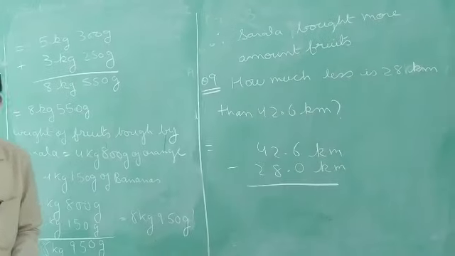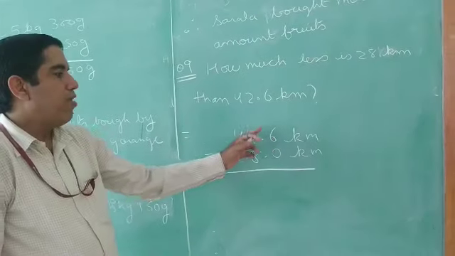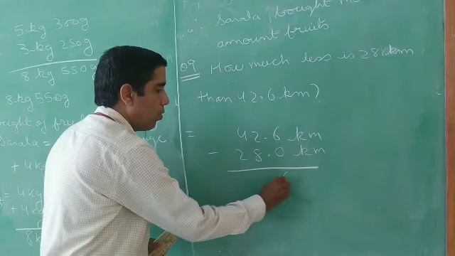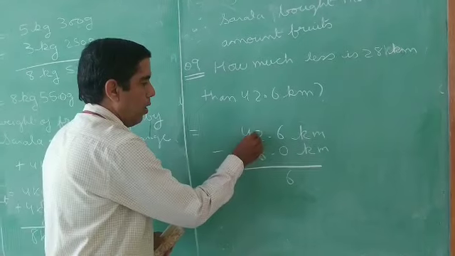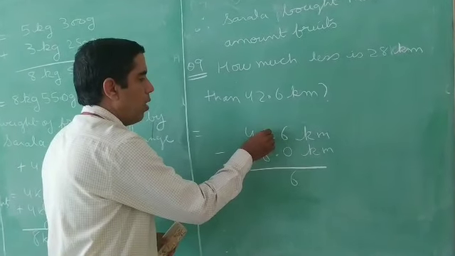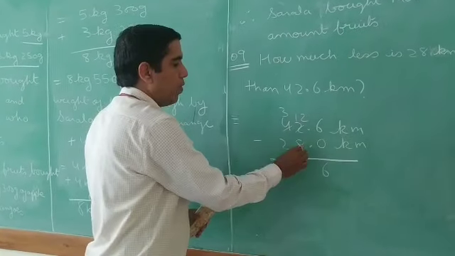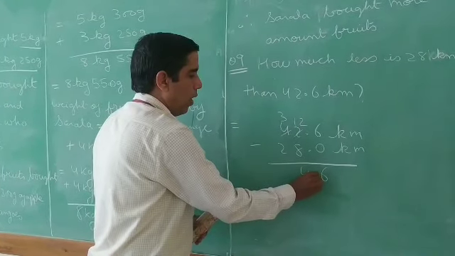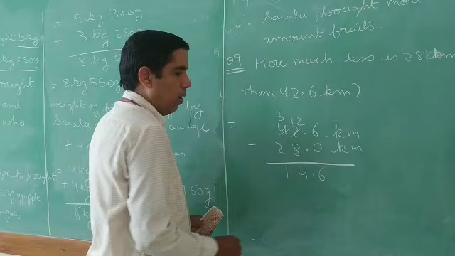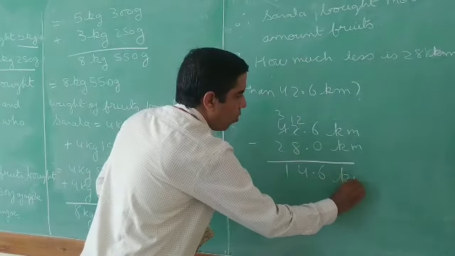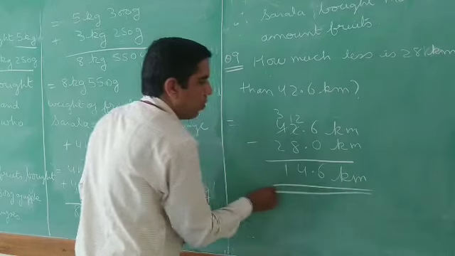I will do subtraction. 42.6 minus 28. 6 minus 0 is 6. Now 12. It comes here becoming 12. And it becomes here 3. 12 minus 8, 4. And here 3 minus 2, 1. So 14.6 kilometer. What is the answer? 14.6 kilometer is the answer.